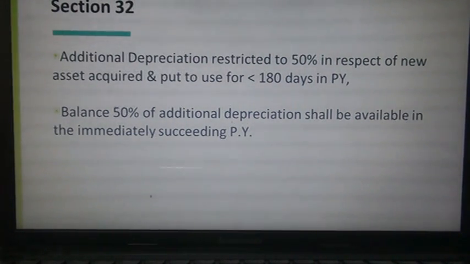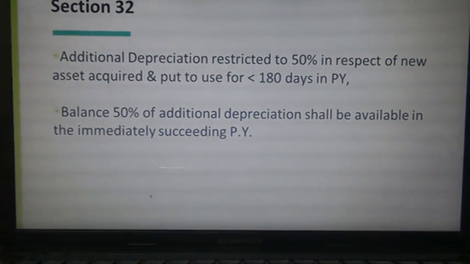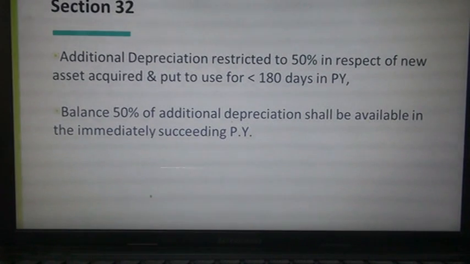There was a lot of discomfort about the other half of this additional depreciation not being allowed to the assessee, since the condition allowing the claim of the same mentioned that it is allowed only once in the lifetime of the asset, particularly in the year in which it is purchased and put to use.